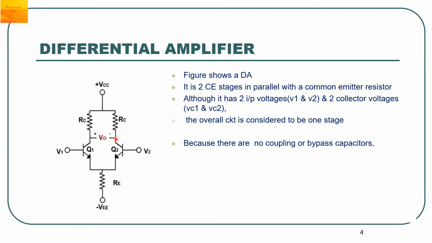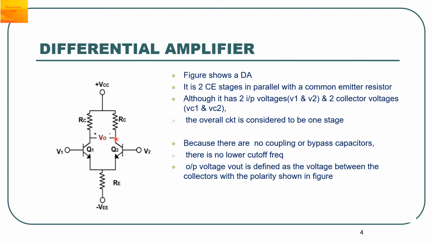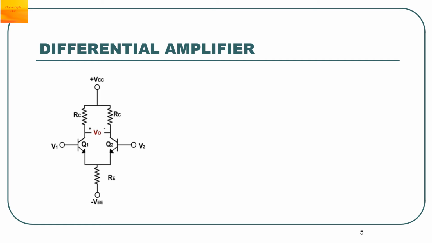Because there are no coupling or bypass capacitors, there is no lower cutoff frequency. Output voltage Vout is defined as the voltage between the collectors with the polarity shown in the figure. Vout is equal to Vc1 minus Vc2.